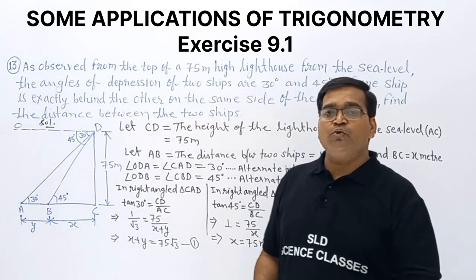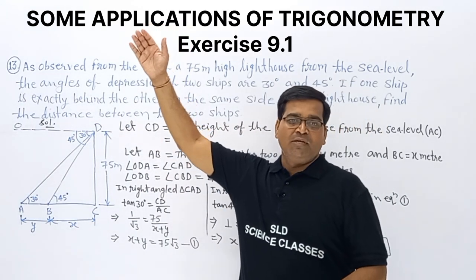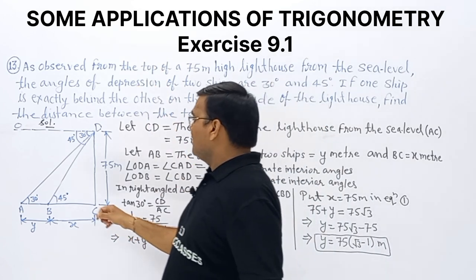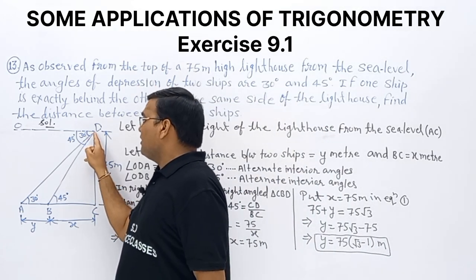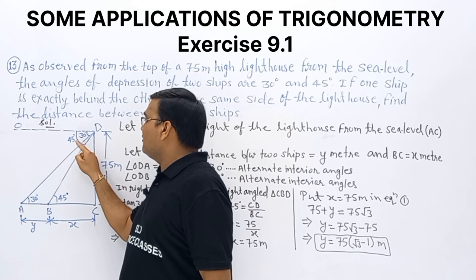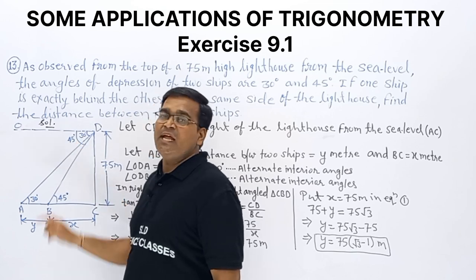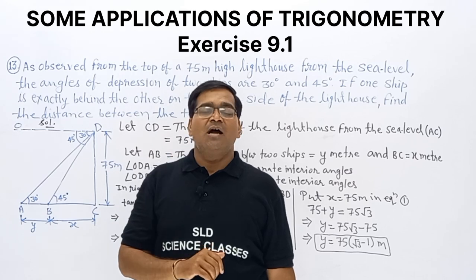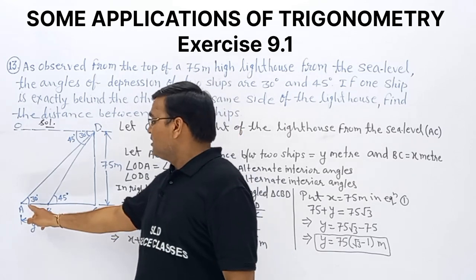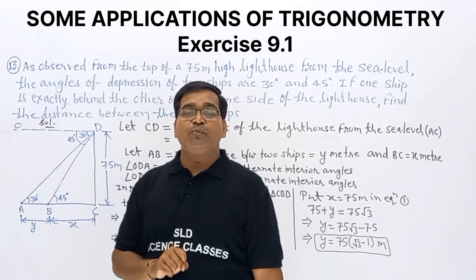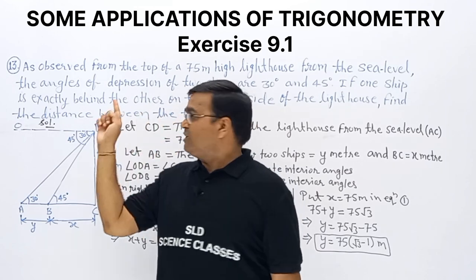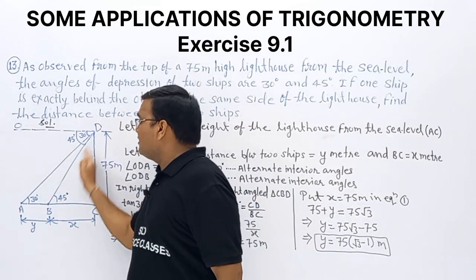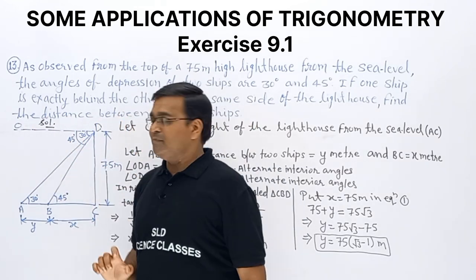We are observing two ships from the top of the lighthouse, and we are having two angles, 30 degree and 45 degree, and they are what? Angle of depression. It means we lower our head to observe these two ships, and what angles? With horizontal line and line of sight, 30 degree and 45 degree.